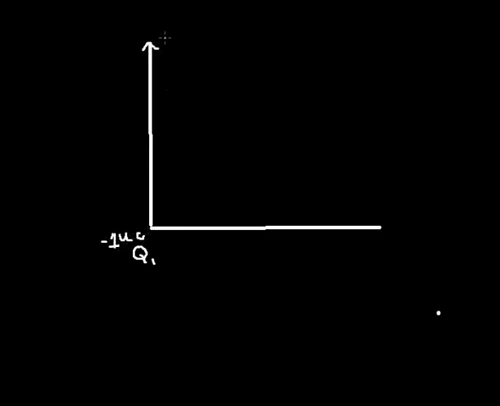At this place, I have plus 2 microcoulombs, and the distance apart is 10 cm. This is Q2. Then I have Q3 right here, which of course is 4 microcoulombs, and the distance apart is 20 cm.